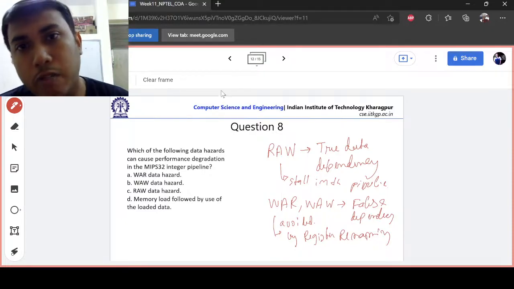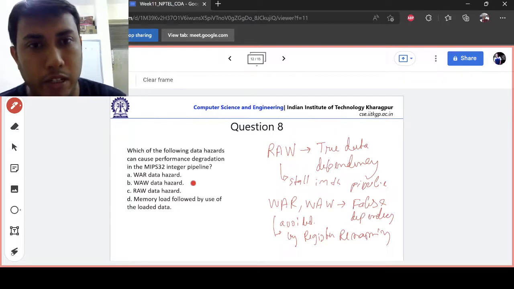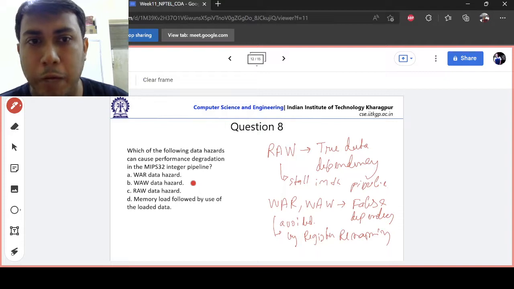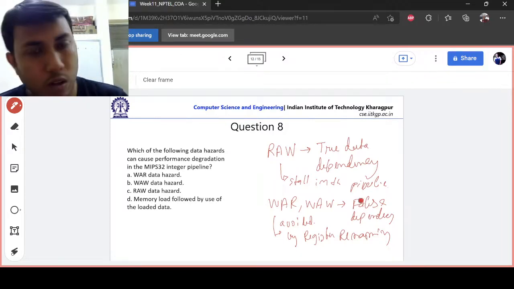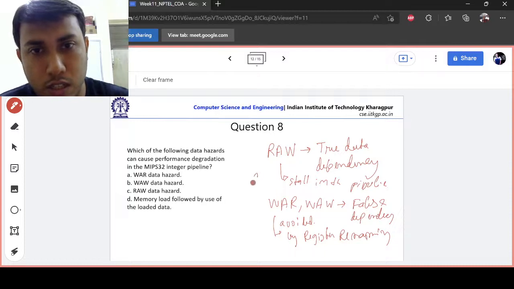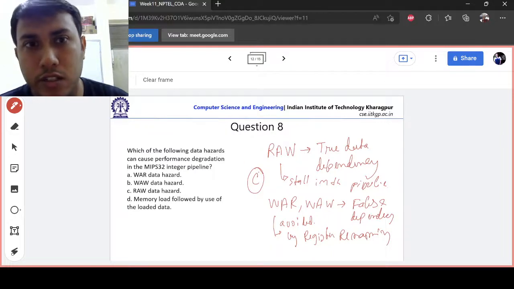If they detect write after write instructions or a WAR data hazard, they do register renaming, where each of the registers against which the WAR or WAW dependency occurs is renamed, and that avoids this data dependency. So that does not cause any performance degradation in a pipeline. So only option C is the correct answer. That causes the degradation.